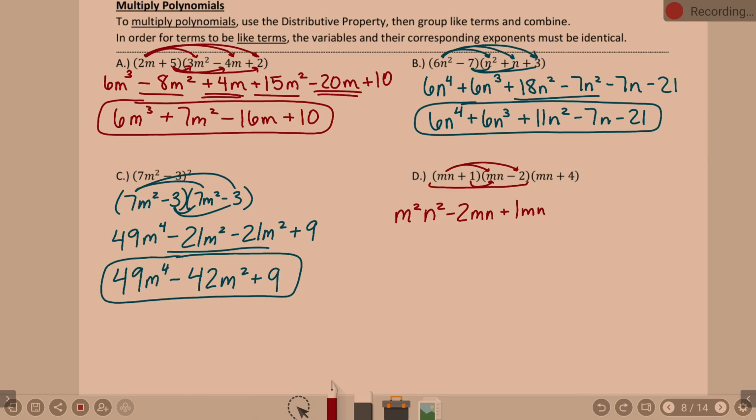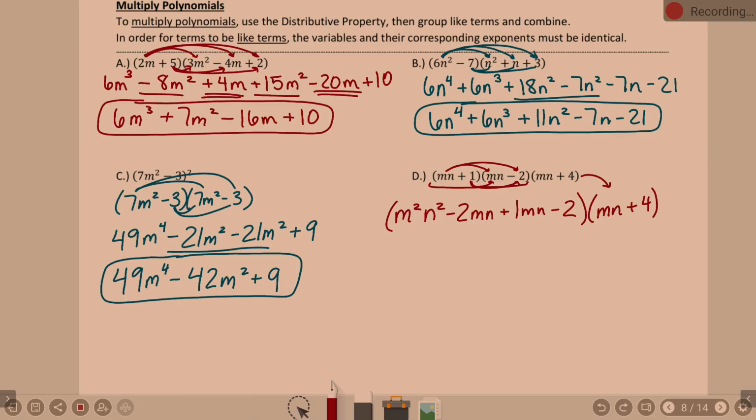It doesn't matter if I put the 1. And 1 times -2 is -2. Now, I'm going to go ahead and put this stuff in parentheses. And here's what I'm going to caution you of. Carry down that mn plus 4 because it's so easy to forget about it and lose track of it.